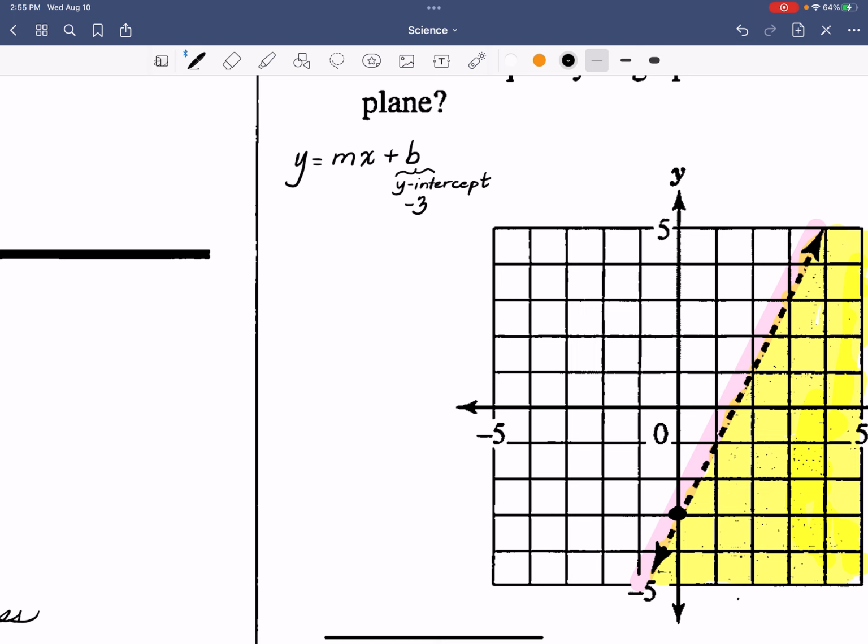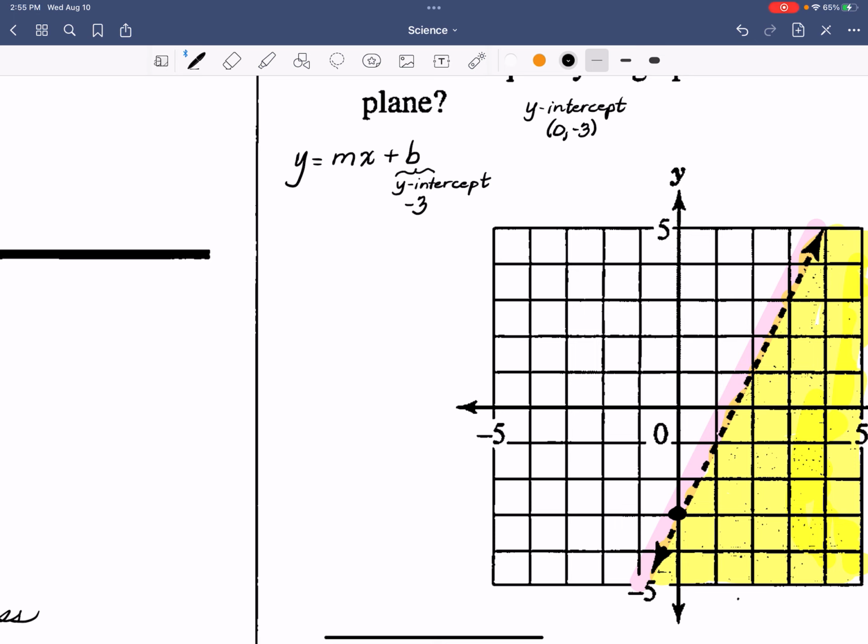The point that corresponds to that is 0, -3. And I'm using just the -3 as my value for b. Okay, I need to pick another point on this line, the pink line, so that I can find the slope.